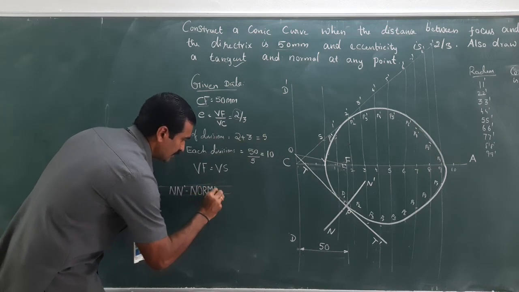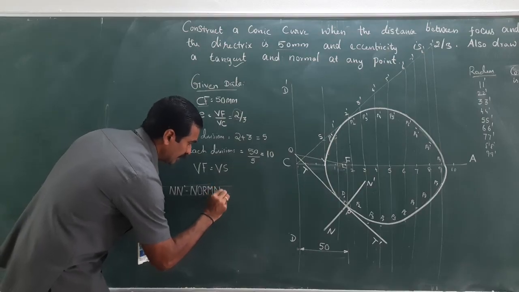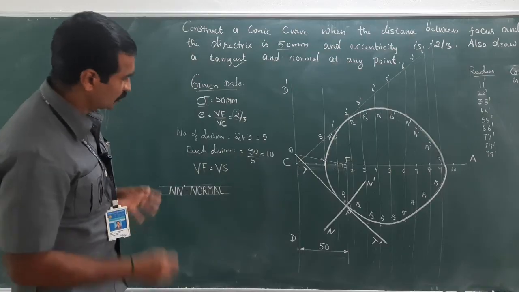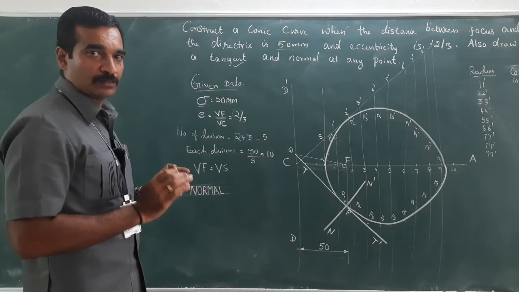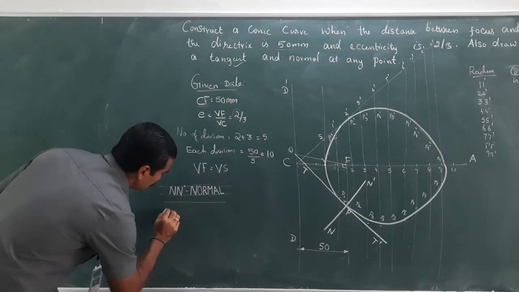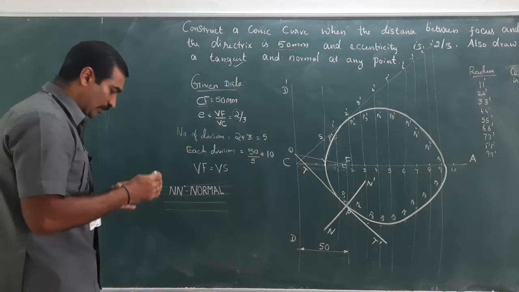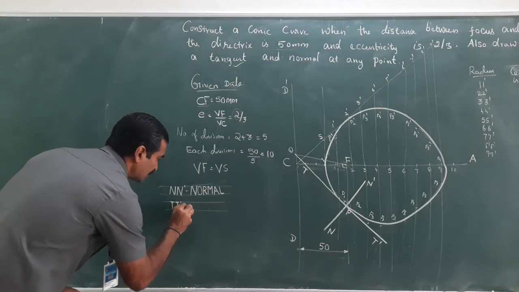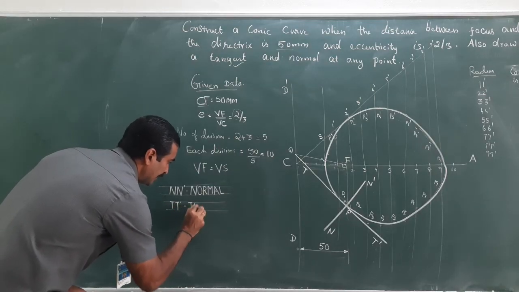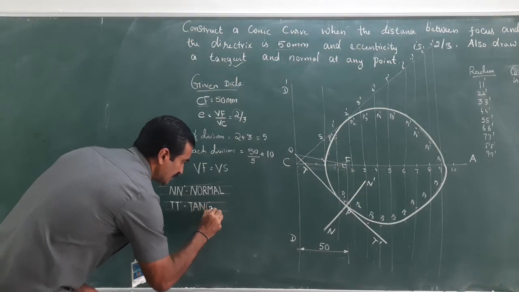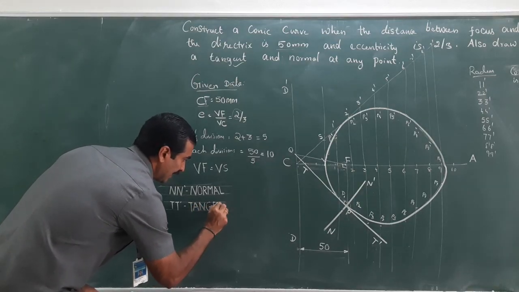This is not something you are writing, this is a freehand sketch. It looks like a printing of these letters. Similarly, you draw one more guideline by mentioning T dash, which is nothing but the tangent.